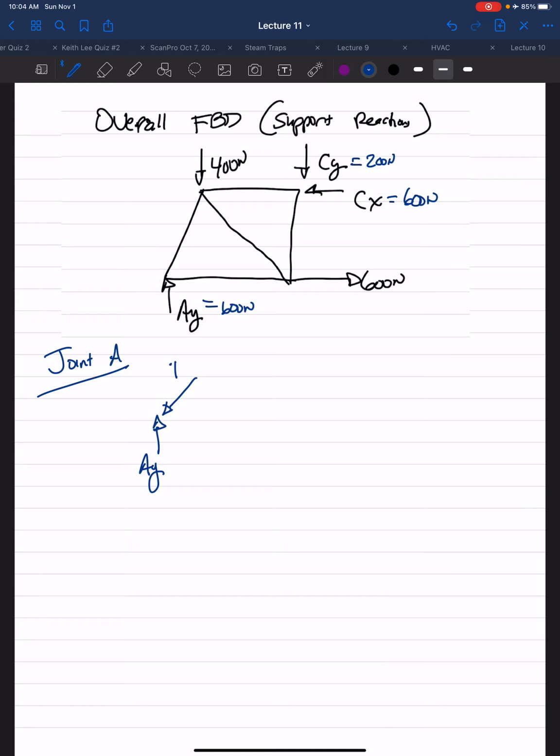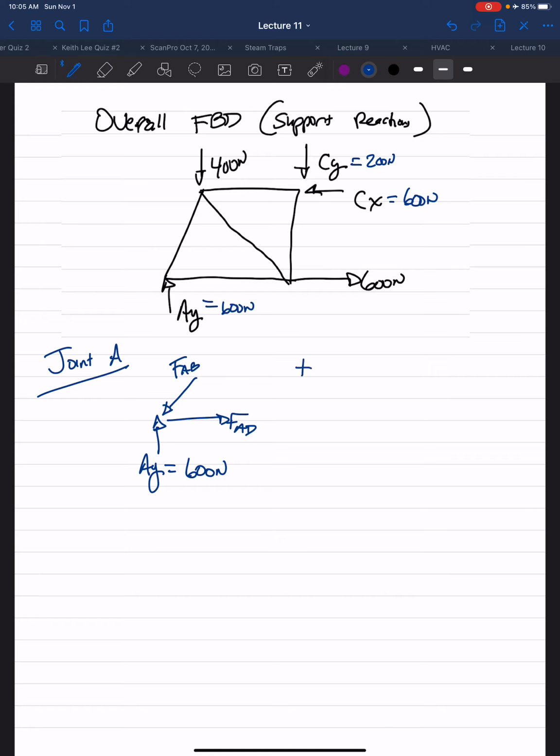The sense has to come down to balance out the vertical component AY, which then means our force in member AD, which is horizontal, has to go to the right in the positive x direction. So with two unknowns and one known, we can solve.